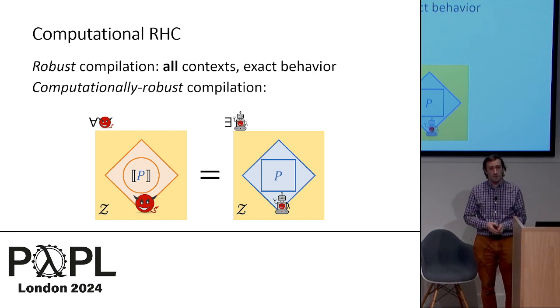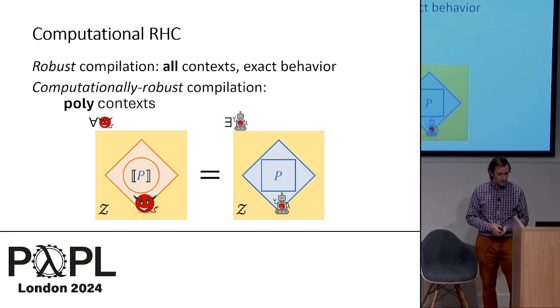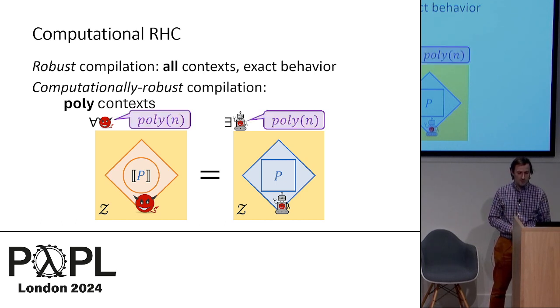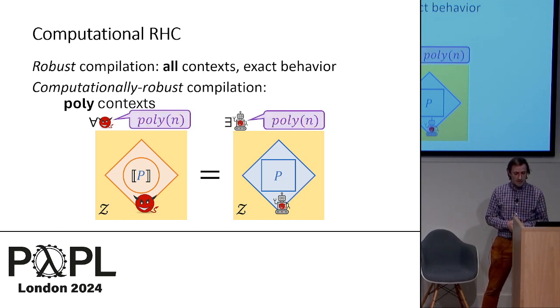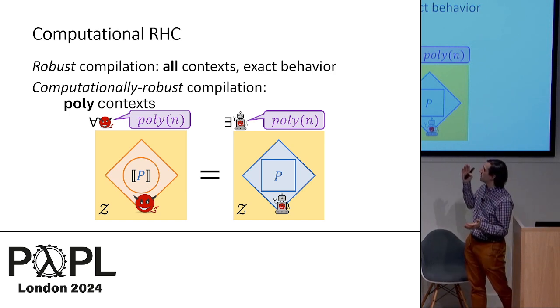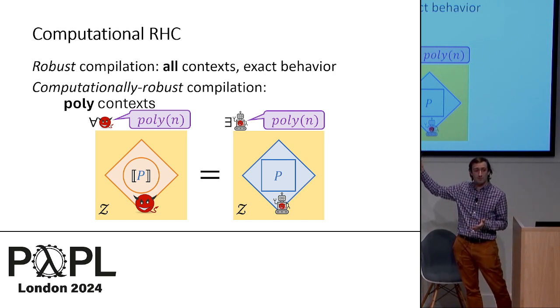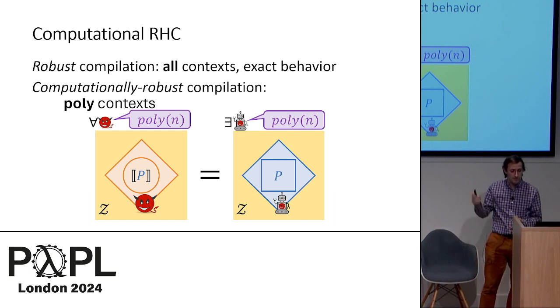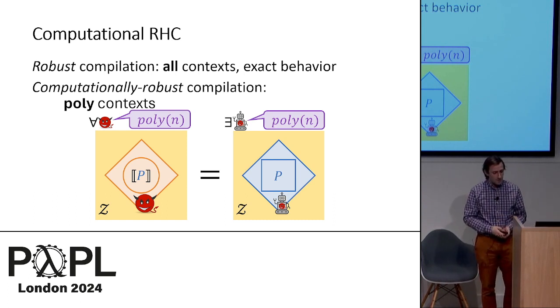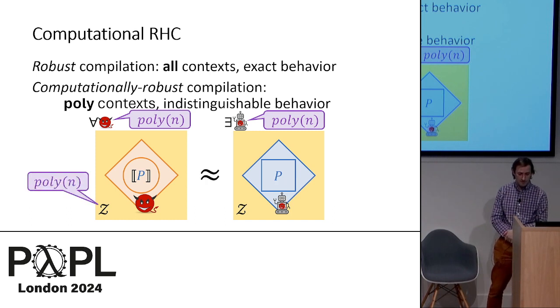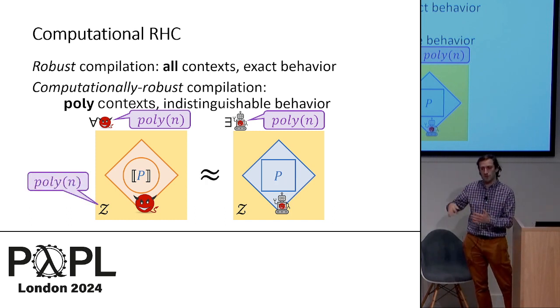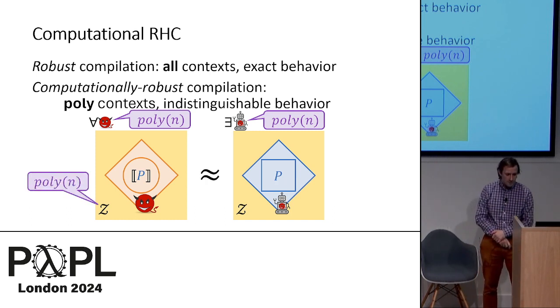We're going to restrict the attacker and the simulator to be these polynomial time contexts. And now we have the same thing we had on the UC side. We only care about polynomial attackers, and we require the simulator to be polynomial time. And we can also replace this equality with indistinguishable behavior, which absorbs the polytime environment into it.